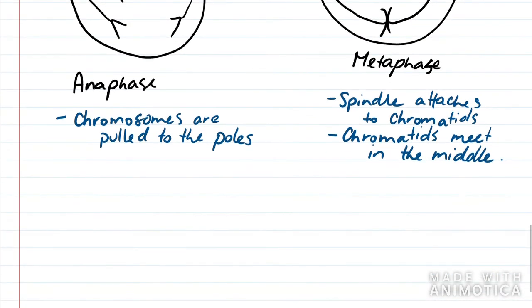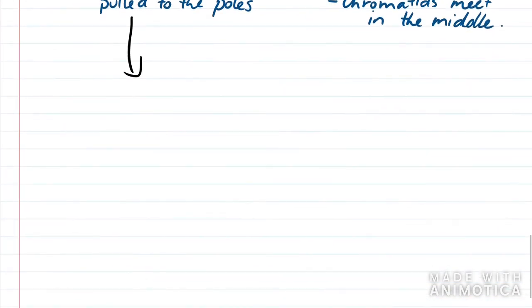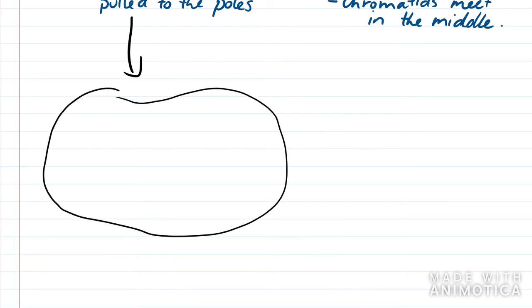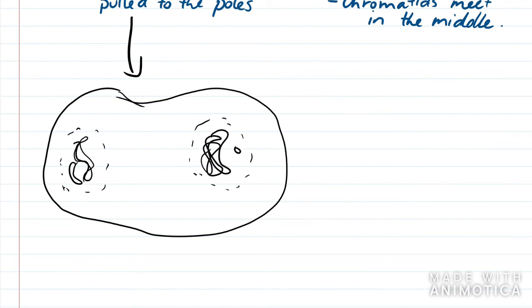And then after that, we have our last stage of mitosis, which is telophase. Telophase is when we have the reforming of the nuclear membranes, and our DNA is starting to lengthen, and our nucleoli are starting to reform.